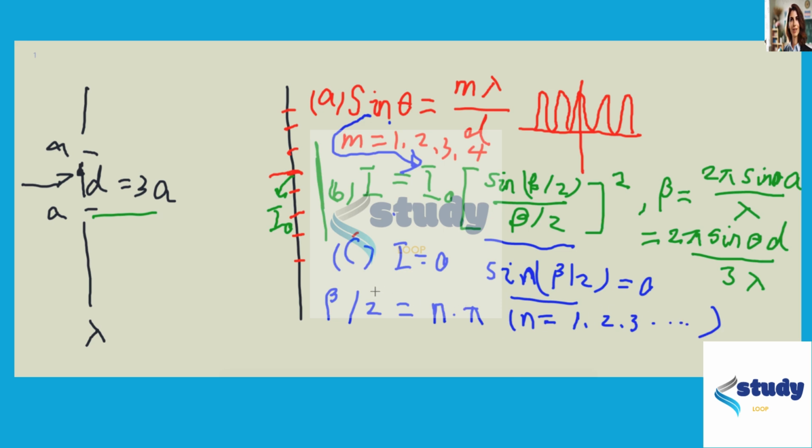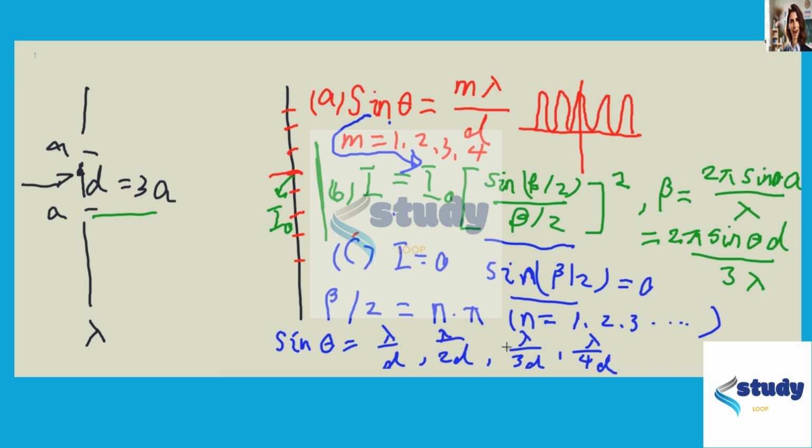It's just positive integers. And finally, what we find, we have 4 possible values for sine theta, and they are lambda over d, or 2 lambda over d, or 3 lambda over d, or 4 lambda over d.